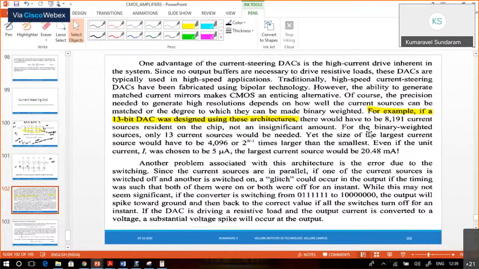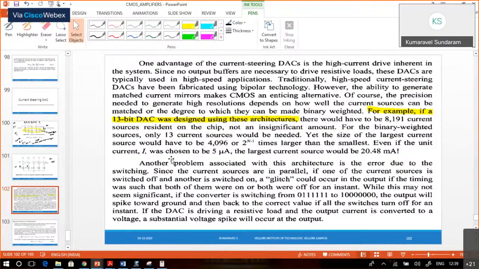If you go with the binary weighted approach, the size of the largest current source is going to be 4096, but the number of current sources is going to be very small.